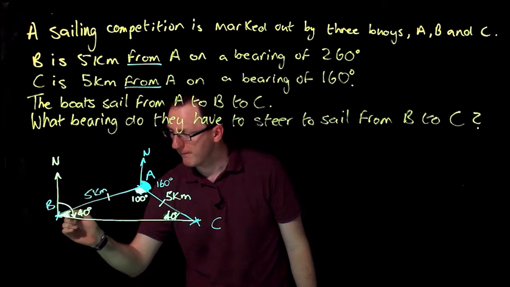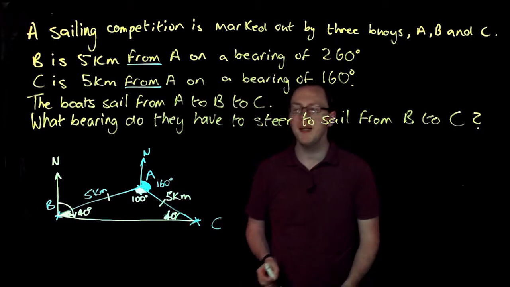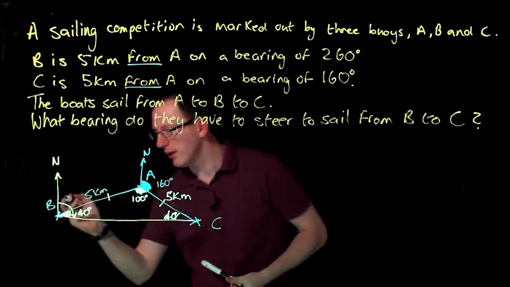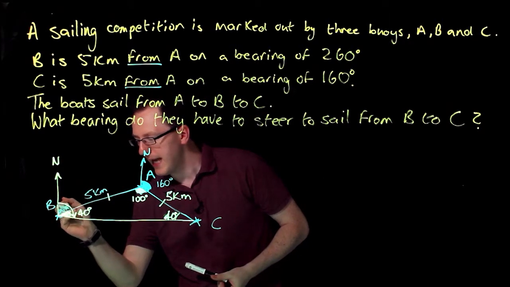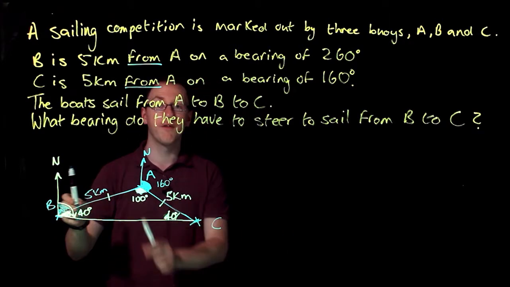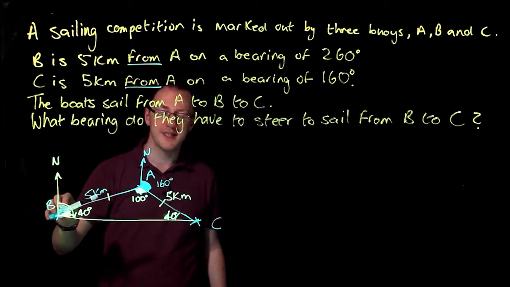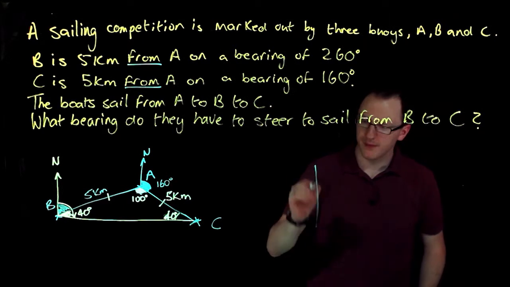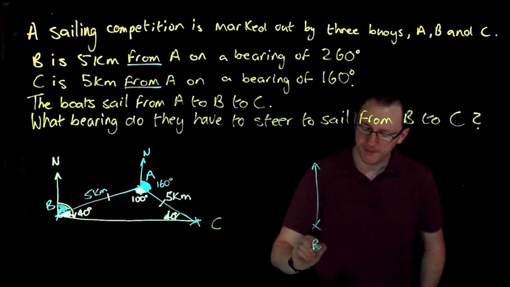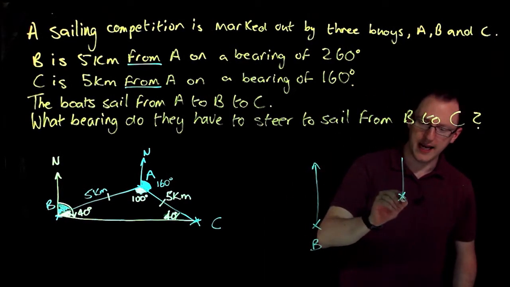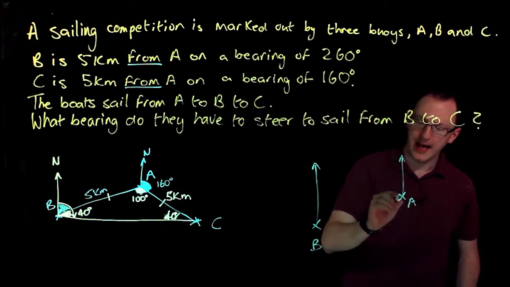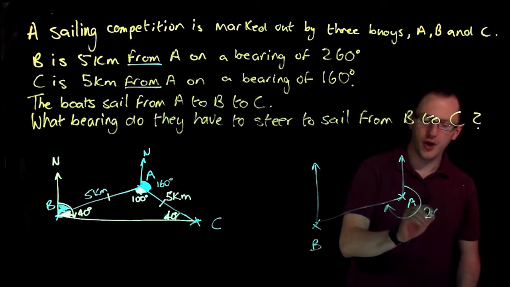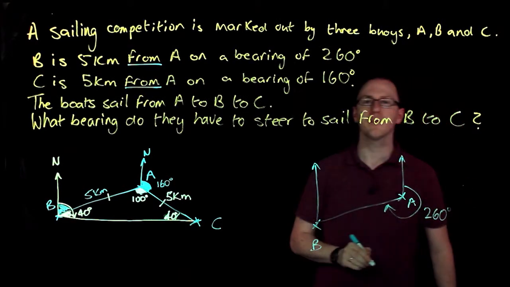So we have that bit. But there's another bit that we need. This second angle here is the angle that you would have to turn from B to face A. Well, let's see how we'd work that out. Here's B. Here's A. And to face B from A, we need to turn through 260 degrees.